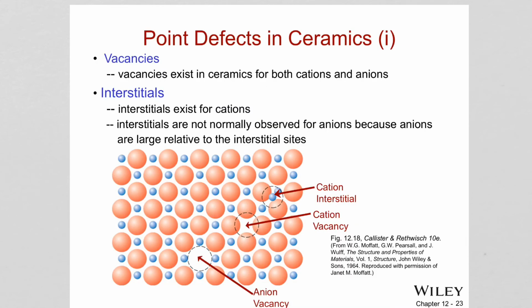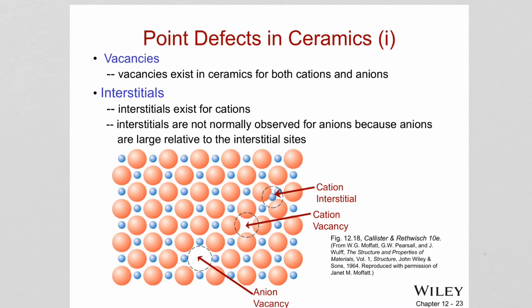Now let's take a look at what type of defects can exist in ceramics. As is possible with metals, both vacancies and interstitial sites are possible. But you need to keep in mind there are two types of ions in ceramic materials. So a defect can be one of these kinds, or both of them. But the anion is relatively large compared to the cation.